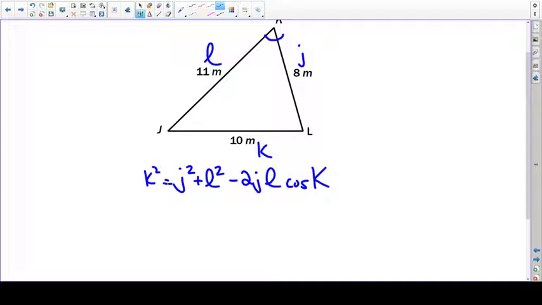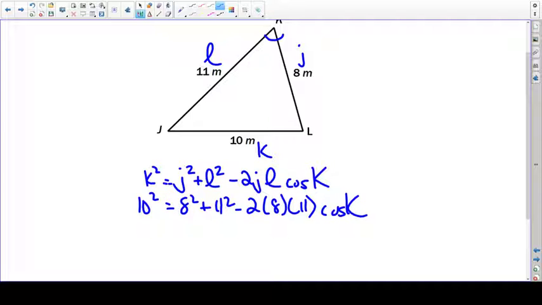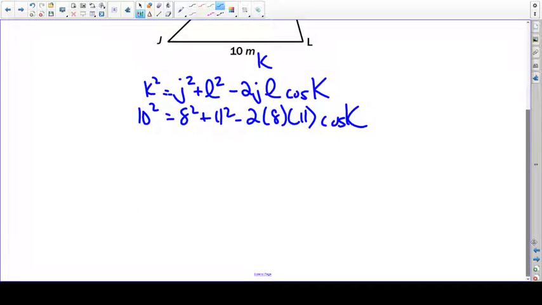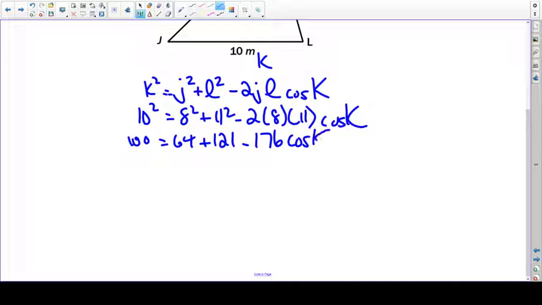That's 10 squared equals 8 squared plus 11 squared minus 2 times 8 times 11 times the cosine of angle K. That's 100, 64, 121. Then we get 2 times 8 times 11, which is going to be 176 times the cosine of K.